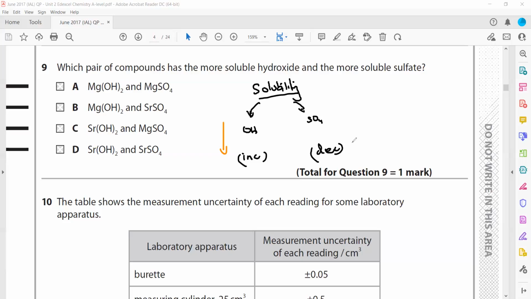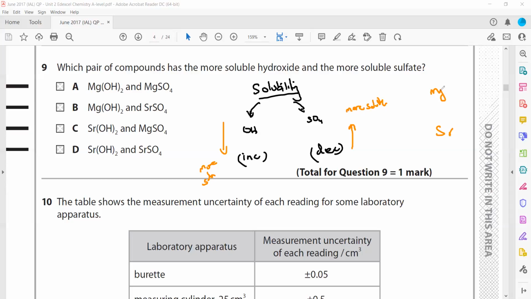And for sulfate, because solubility decreases down the group, the top of the group will be more soluble, and here the bottom of the group will be more soluble. Only two compounds are given, one is magnesium, another is strontium.